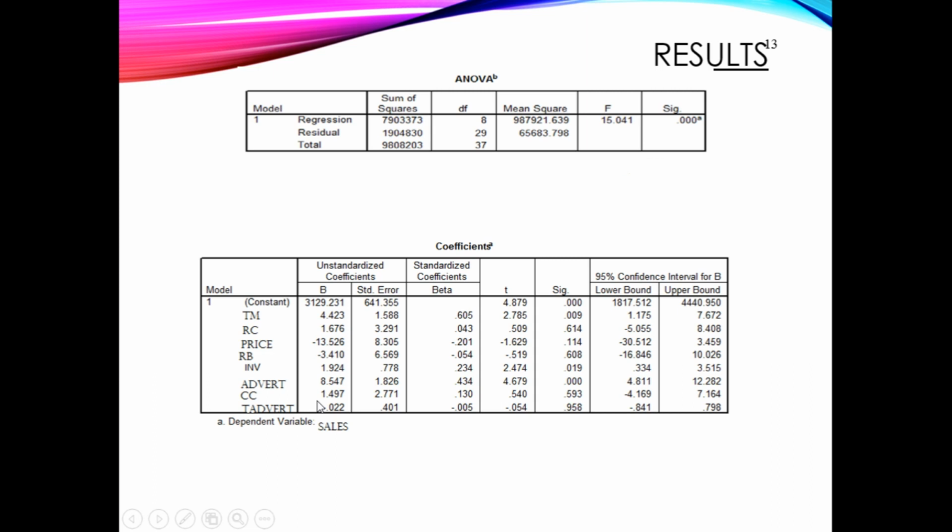A variable is considered significant when the p-value is less than a threshold that we can choose. Mostly the threshold is 5%.